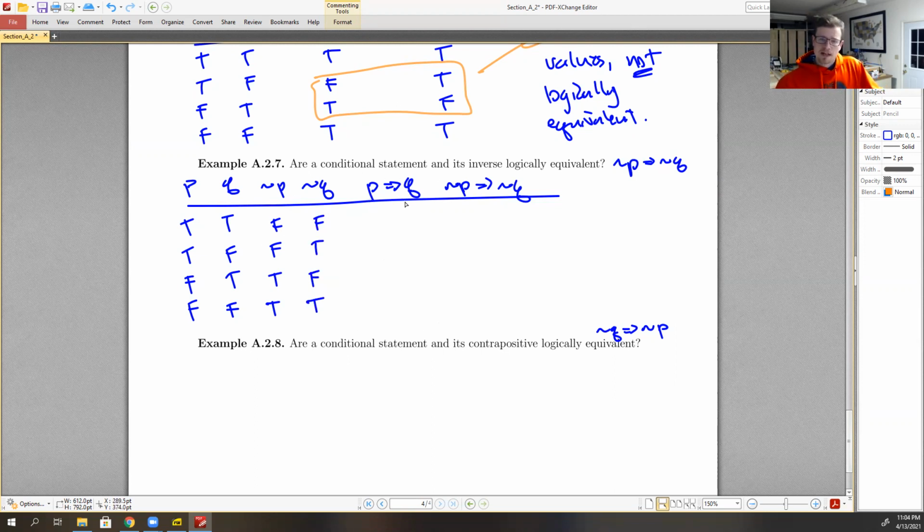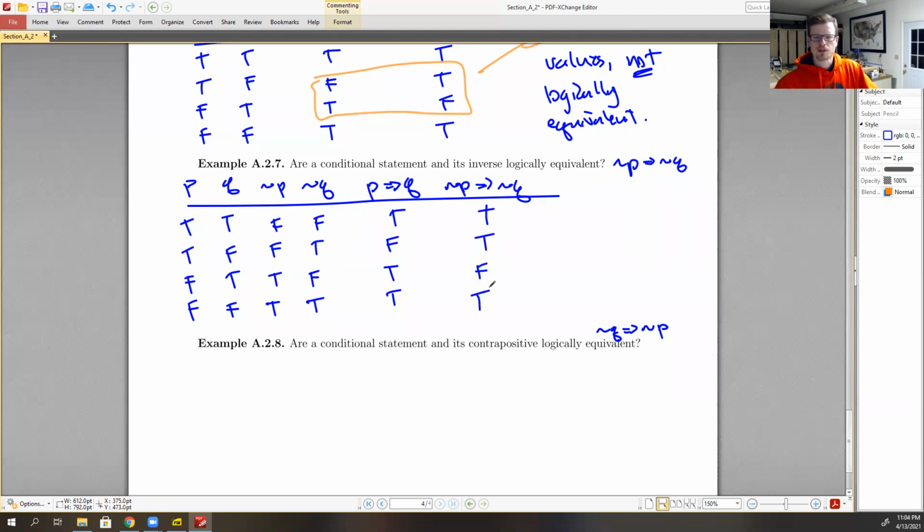So P implies Q would be true, false, and anytime the premise is false, the implication is true. And then not P implies not Q. Anytime the premise is false, the implication is true. True, false gives us false.